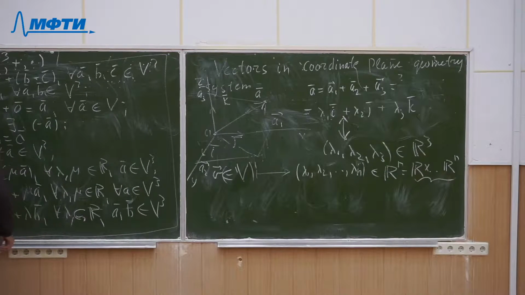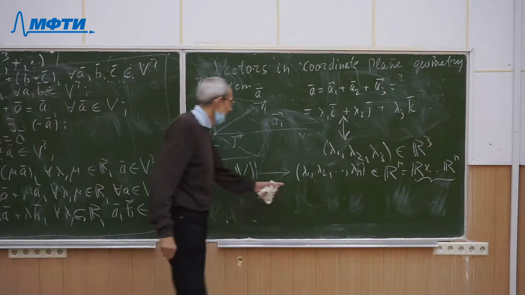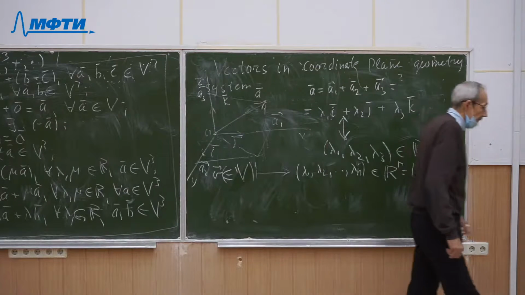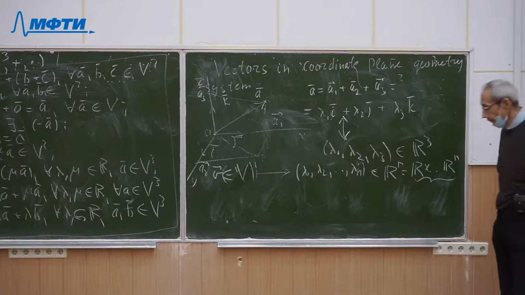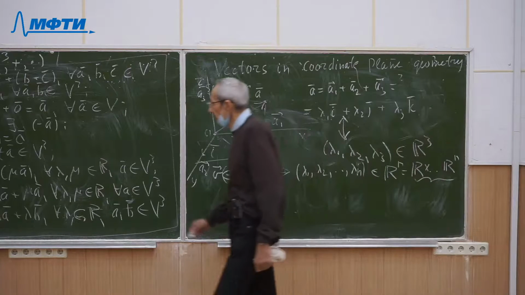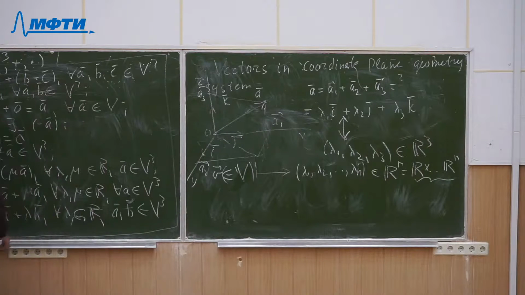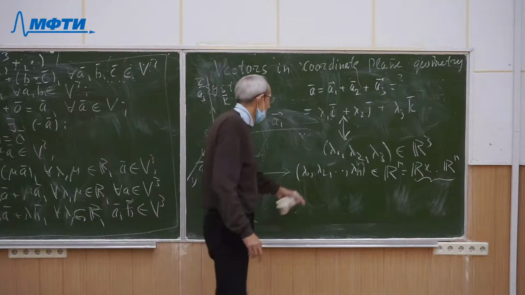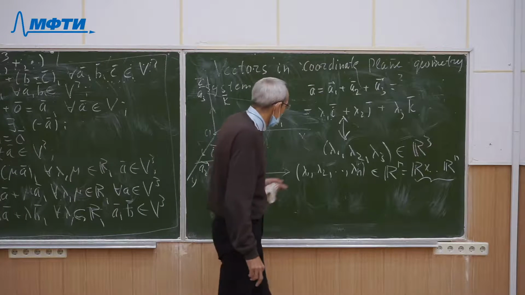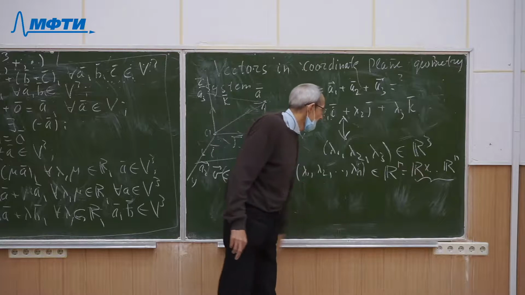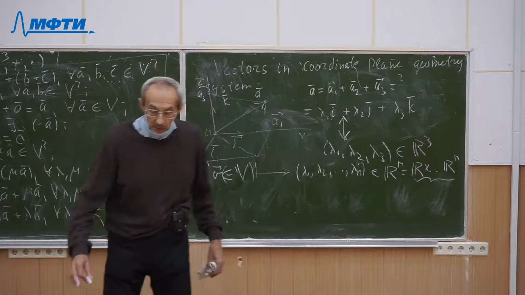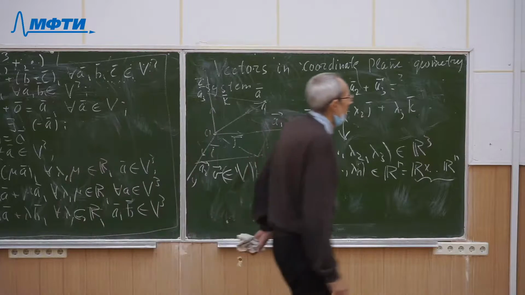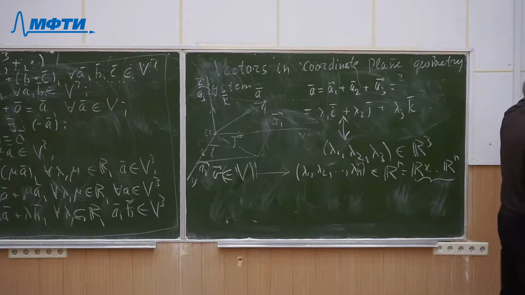It is easy to see that for the elements of this space all axioms are fulfilled, but it is also easy to see that operations on this space can be defined by the following formulas.